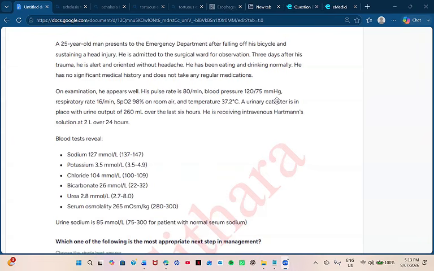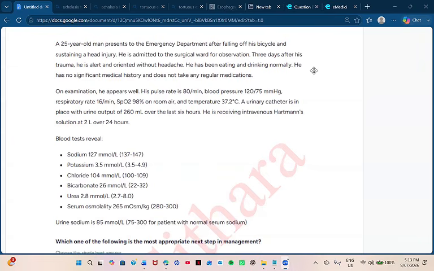On examination, he appears well, pulse 80, BP 120 by 75, SpO2 98, temperature 37.2. Urinary catheter is in place with urine output 260 milliliters over the last 6 hours. He is receiving intravenous Hartmann's solution, 2 liters over 24 hours.